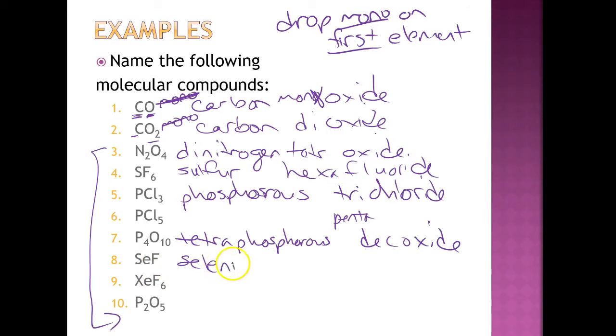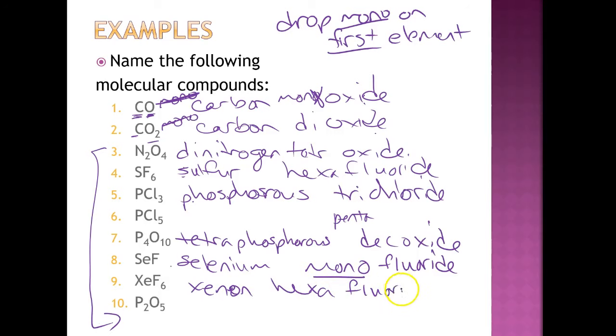Selenium mono, you have to keep that mono, fluoride. You can drop it on selenium, and you can drop it on these guys, but you cannot drop it on the second element. Xenon hexafluoride, and diphosphorus pentoxide. Okay, a couple of things.